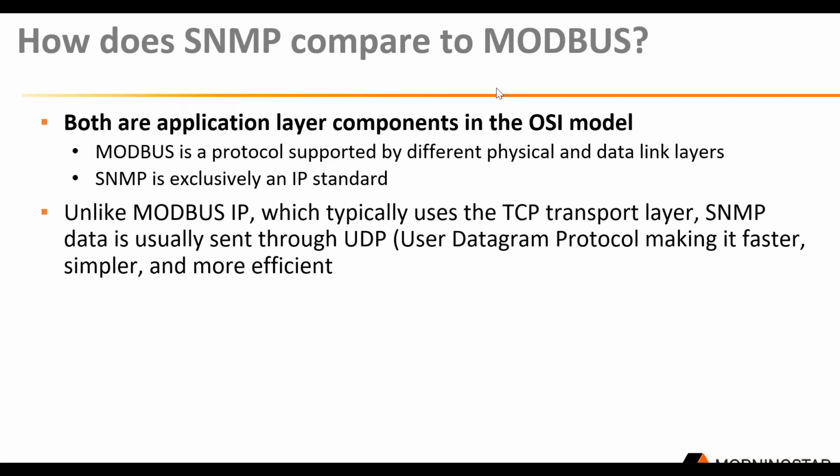The MODBUS IP, just to mention, uses the transport layer TCP/IP stack for the Ethernet communication, as opposed to SNMP, which is actually UDP, user datagram protocol. The UDP, as we mentioned, is low latency.